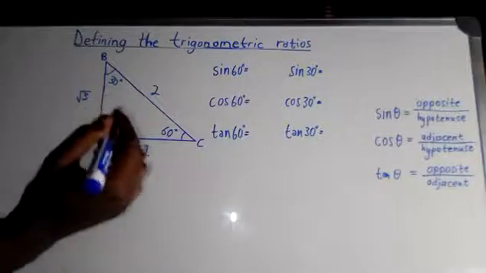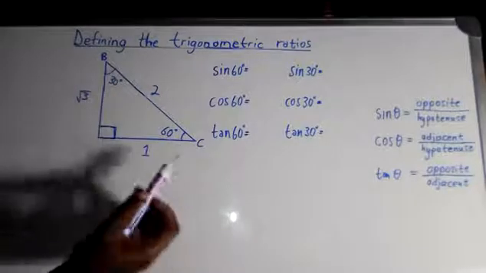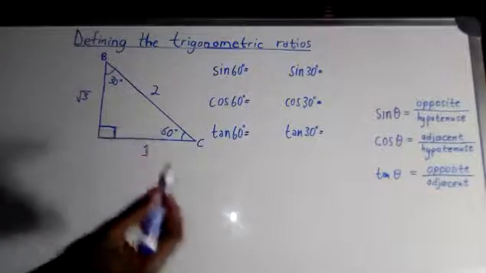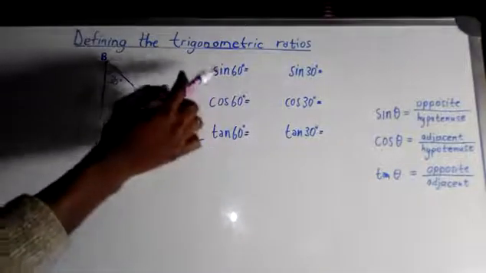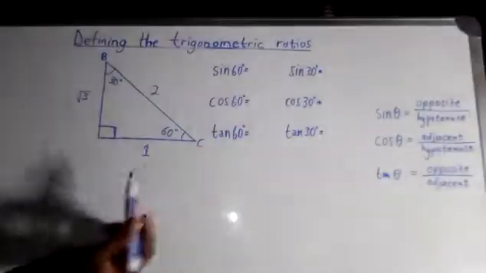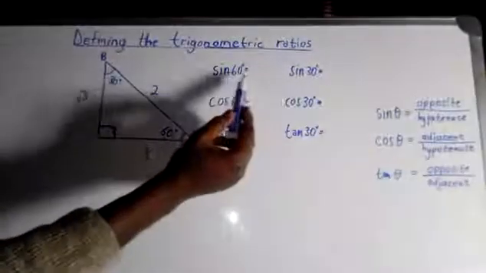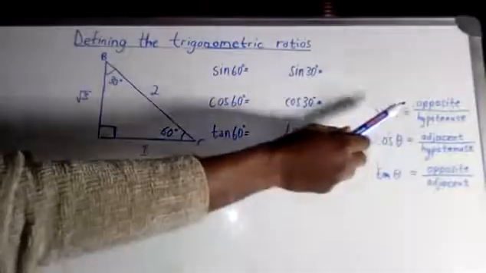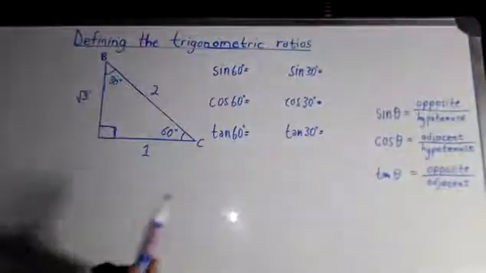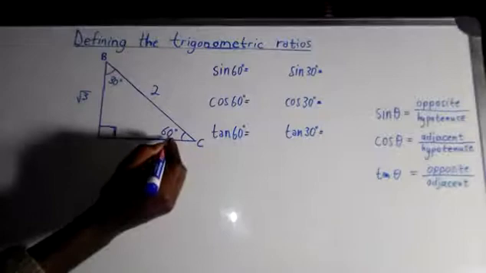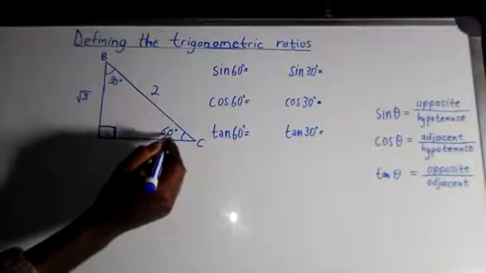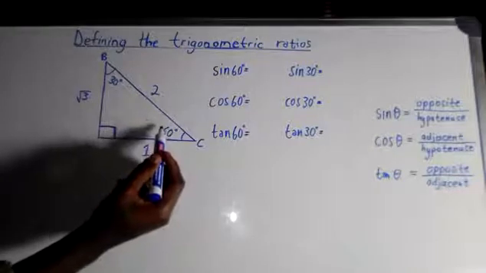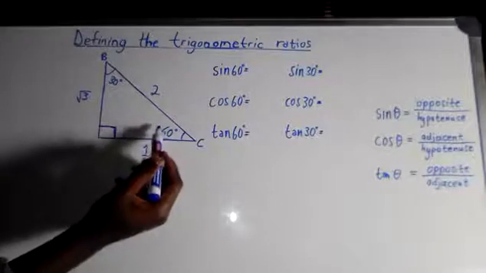Now let's define trigonometric ratios using actual numbers and angles. So first, what is sine 60 degrees? We know that sine of an angle is opposite over hypotenuse. So you go to your angle 60 degrees and look where is opposite and where is the hypotenuse.